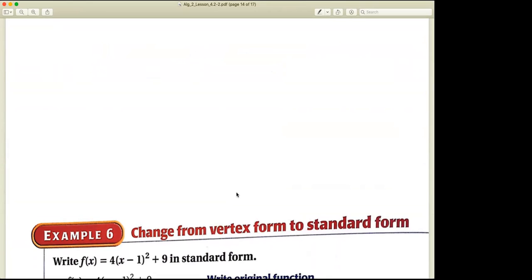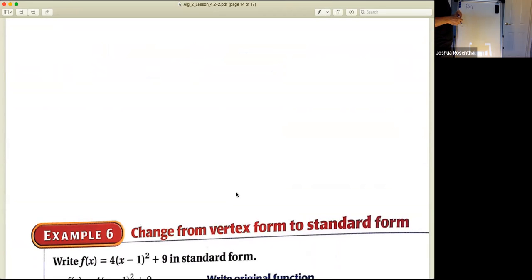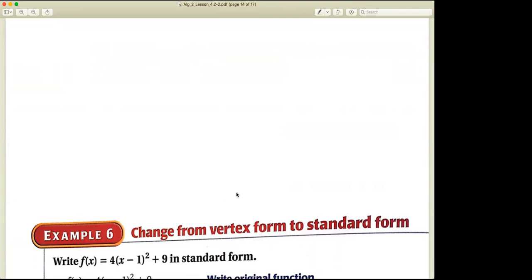Which one, Mr. Rosenthal? Examples. Oh, it's just that when I swap the screen, it doesn't show the example, and I can't read it when I don't swap the screen. Guys, you know what you can do?